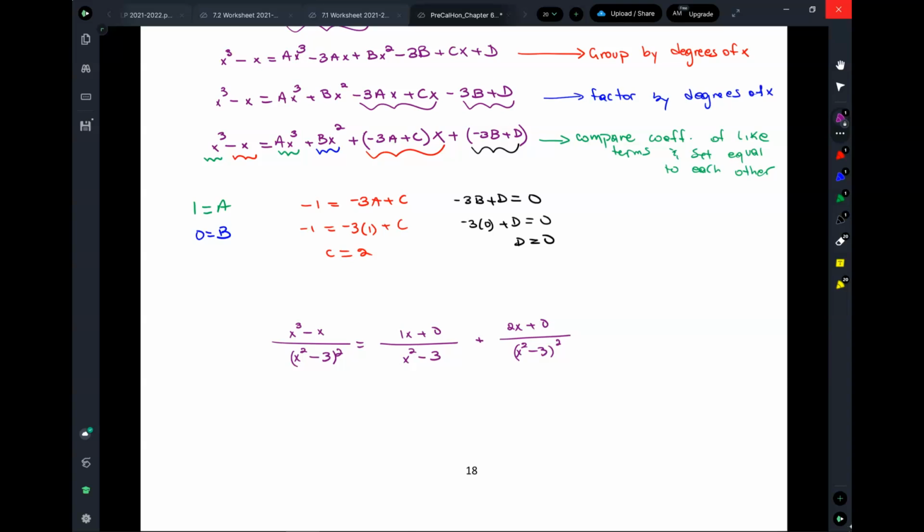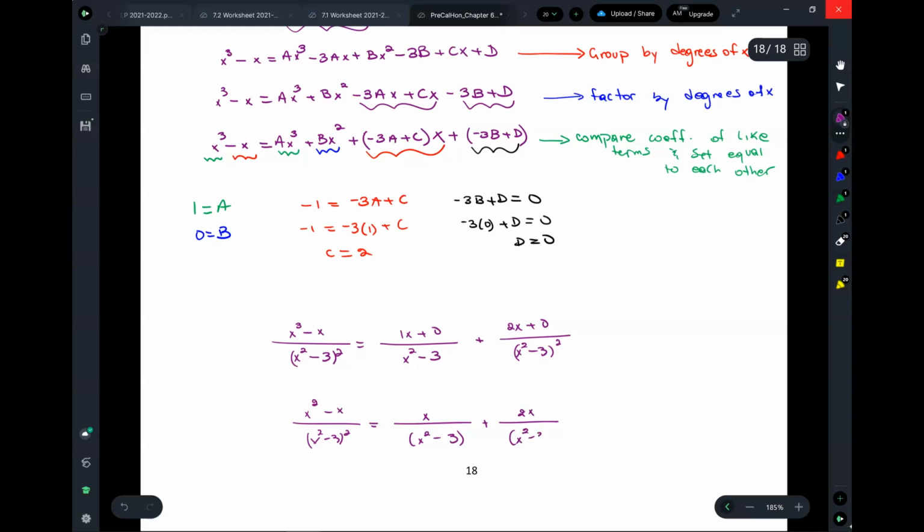And of course, we're not going to write it like that. So we're just going to say this is equal to x over x squared minus 3, plus 2x over that thing squared. Okay? And there you have it. That is fantastic.